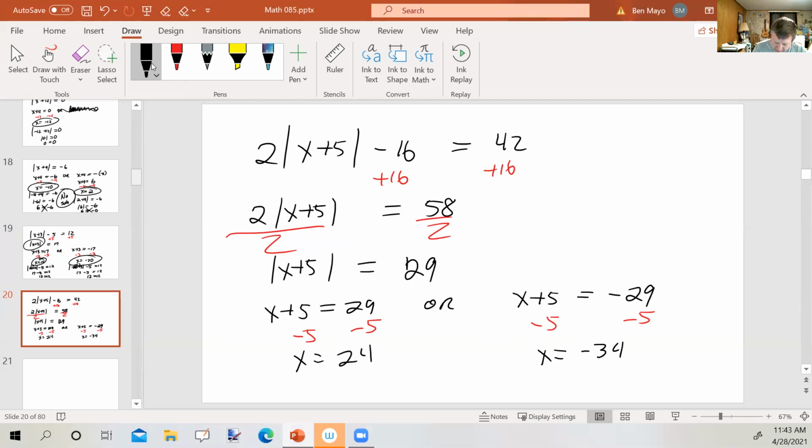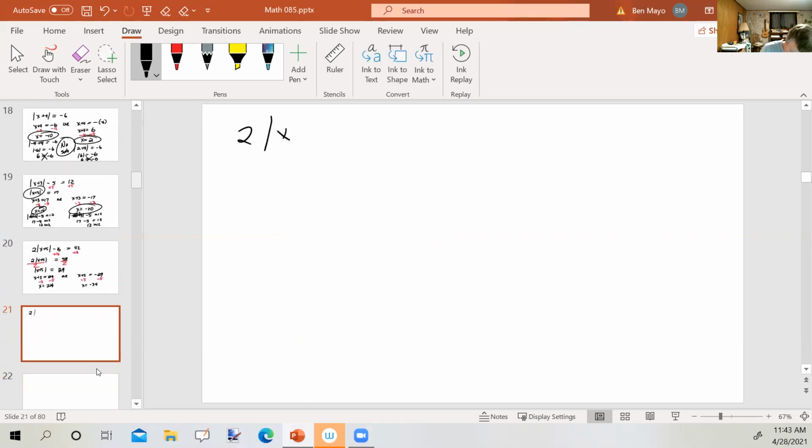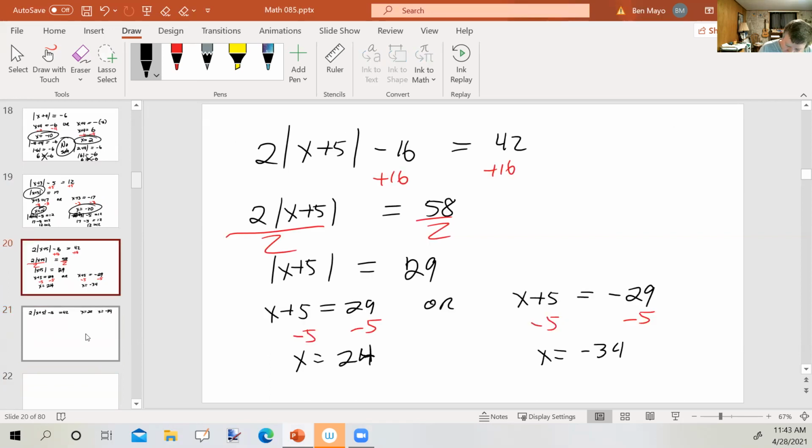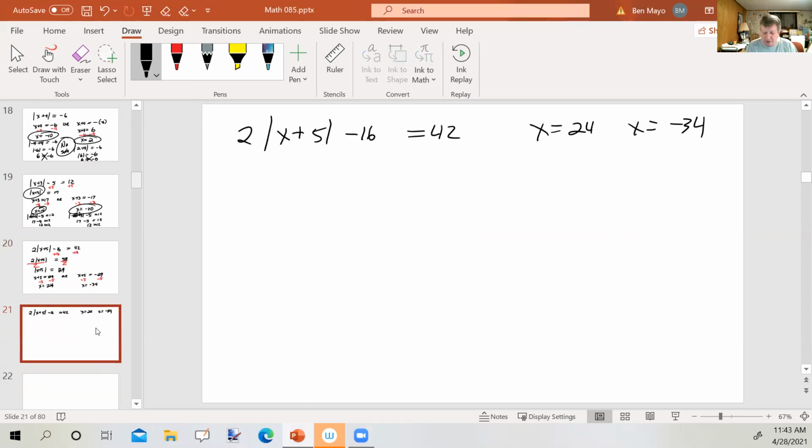I've run out of room to check my work. So what I'm going to do is recopy the original problem on the next page. 2 times the absolute value of x plus 5 minus 16 equals 42. And then I've got x is 24 and x is negative 34 as my 2 possible solutions.